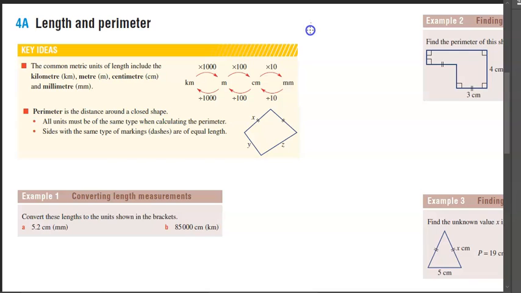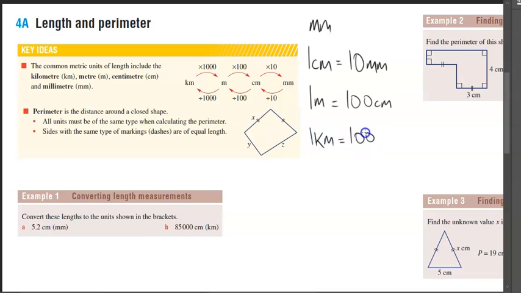So millimeters is our starting unit. 1 centimeter is the same as 10 millimeters, 1 meter is the same as 100 centimeters, and 1 kilometer is the same as 1,000 meters.